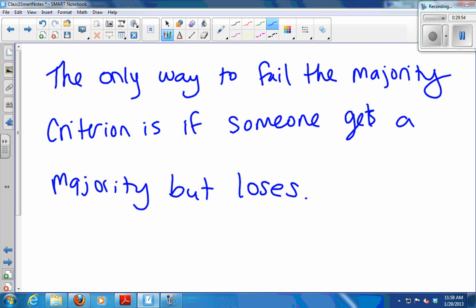Okay, so it is possible to violate the most basic fairness criterion of an election. If somebody has a majority of the votes and loses, we say that that election violated or failed the majority criterion. We broke the rule.